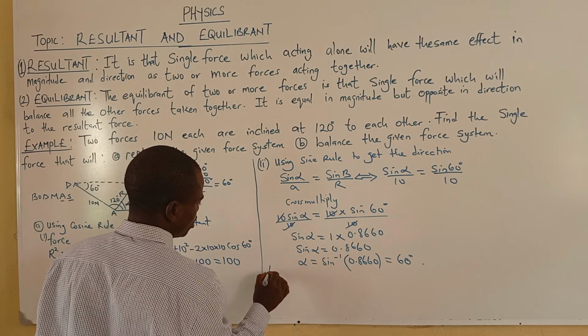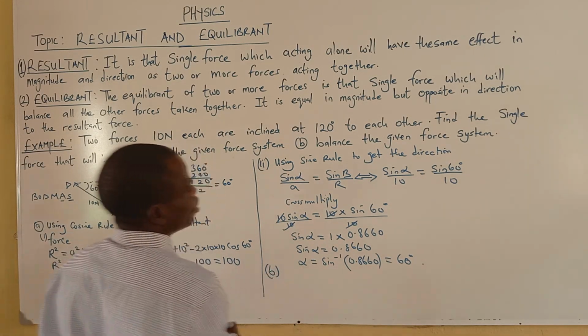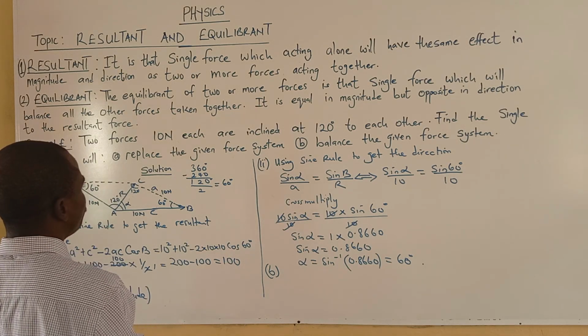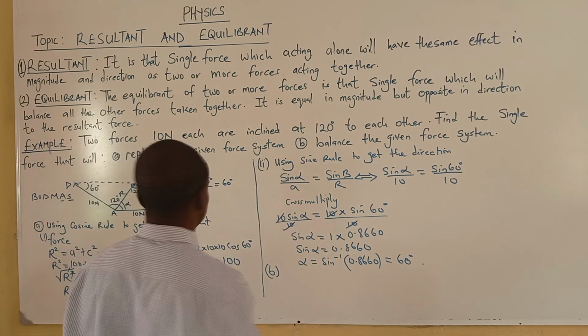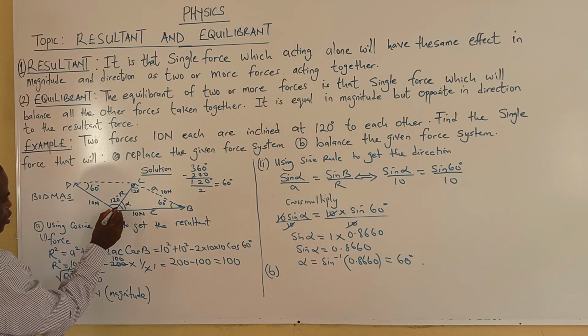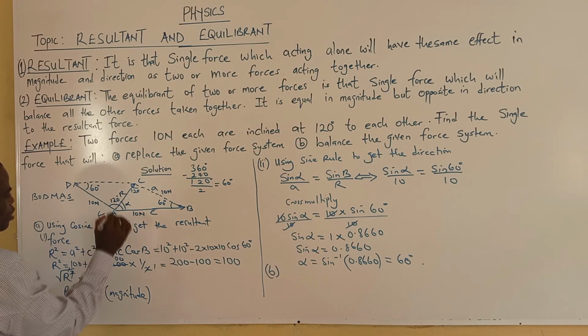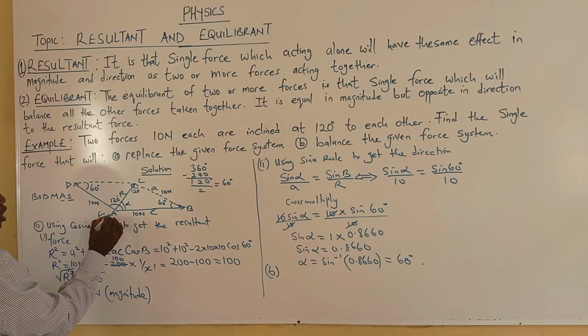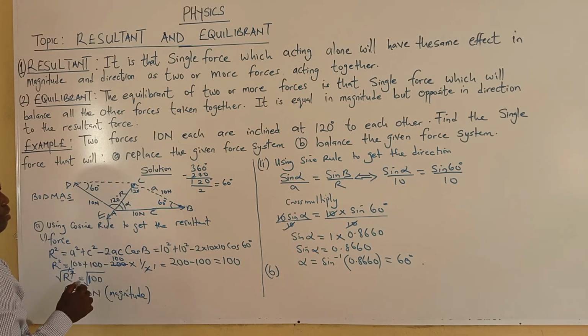Let's go to the B part that says find the single force that will balance the given force. You can see that to balance it, take the arrow down. This is your equilibrant, which is opposite. The arrow is opposite to the resultant.